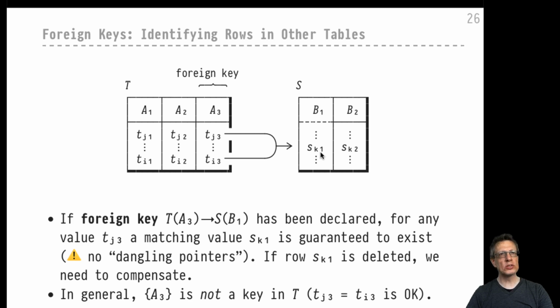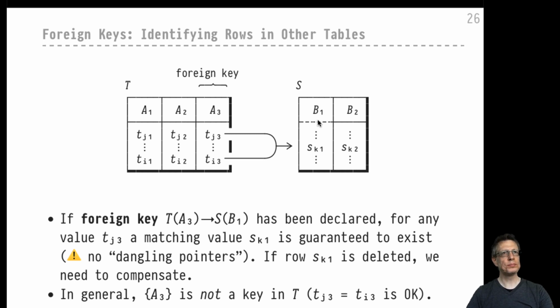This condition connects this row with row J in table T. So again, the equality of values in this A3 column and the B1 column is used to establish a connection between these two particular rows. We can use SK1 to identify this particular row because it's a key value.